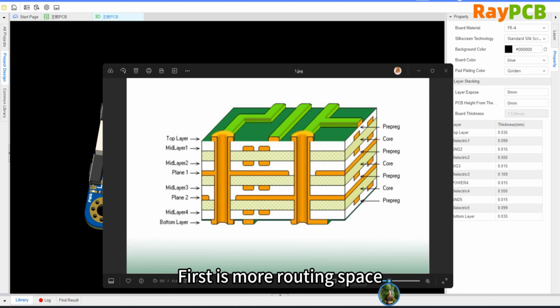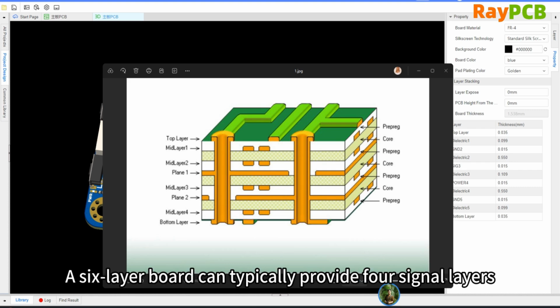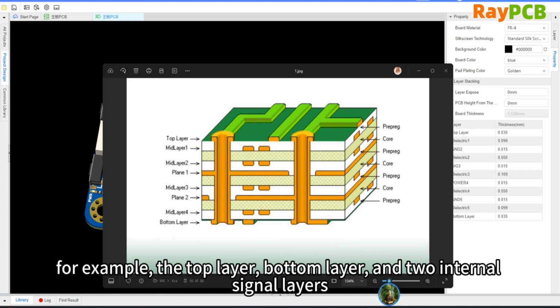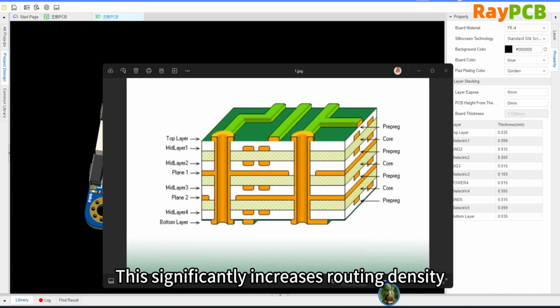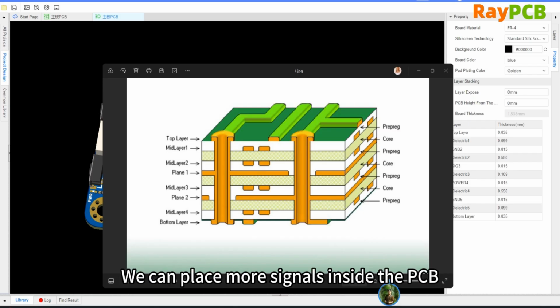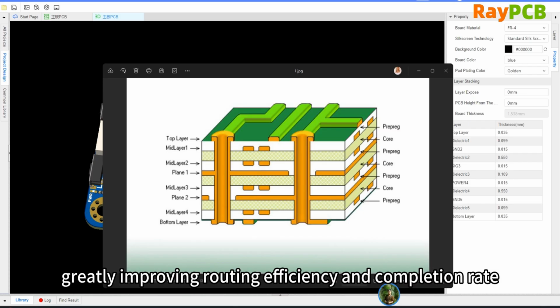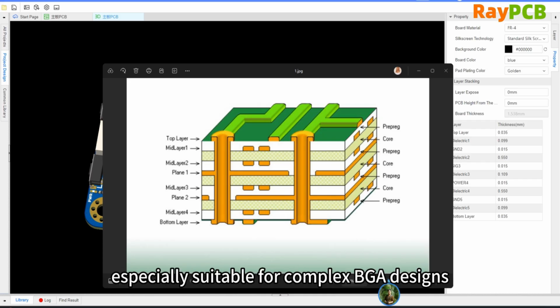First, there's greater routing space. A 6-layer board typically provides four signal layers, such as the top layer, bottom layer, and two internal signal layers. This significantly reduces routing density, allowing us to arrange more signals within the PCB, greatly improving routing efficiency and signal integrity. This is especially suitable for complex BGAs.